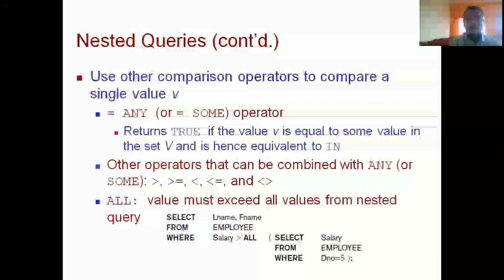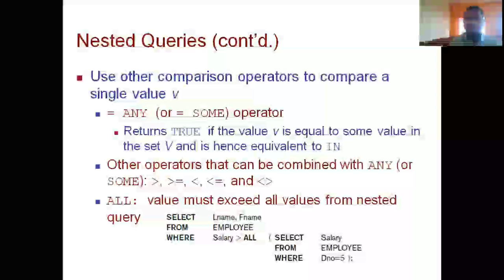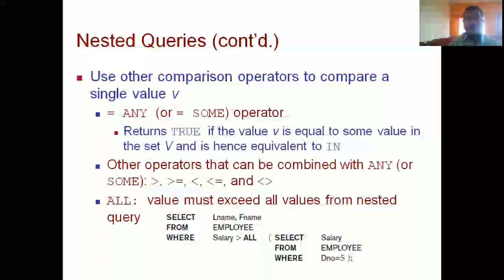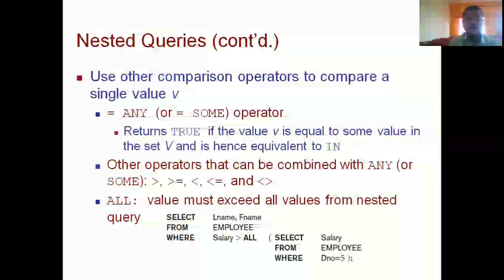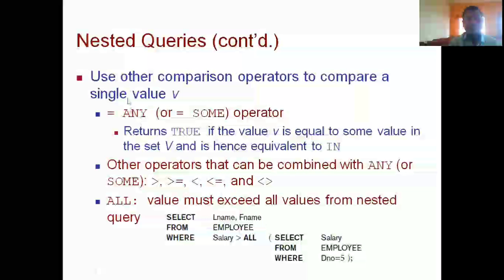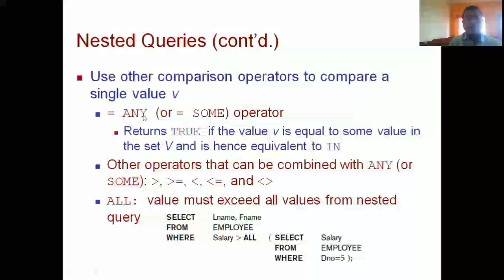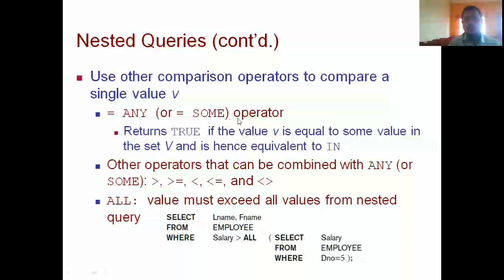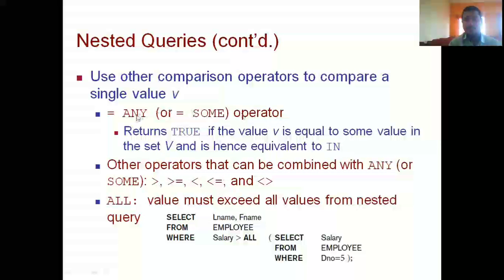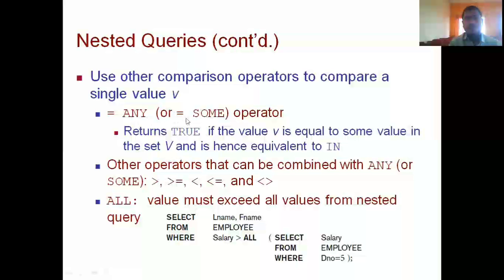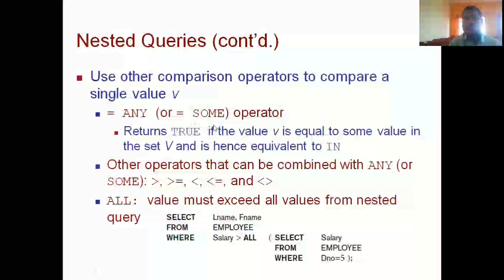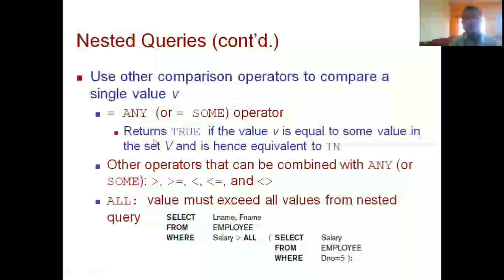Other comparison operators for single values: equals to any value v, we use the ANY or SOME operator. Equals to ANY or equals to SOME. It returns true if the value v is equal to some value in the set, and hence is equal to IN.